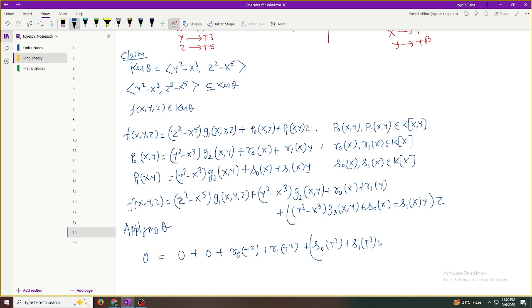What is y, sorry, r1 I think t square, I have written wrong here, r1(x), so r1 t square. Similarly, t square into t cube, total into t to the power 5, right?